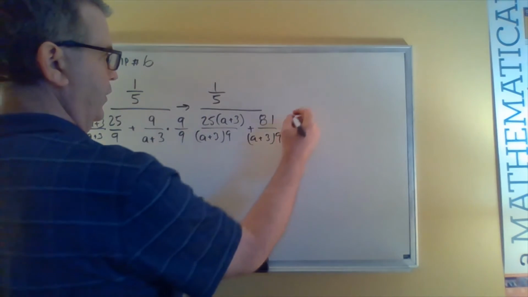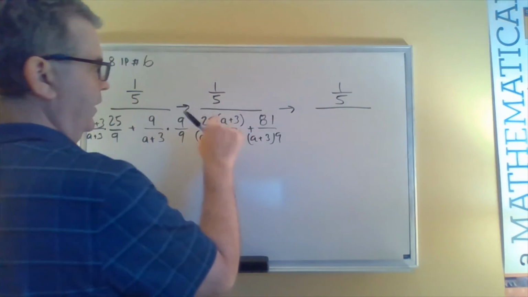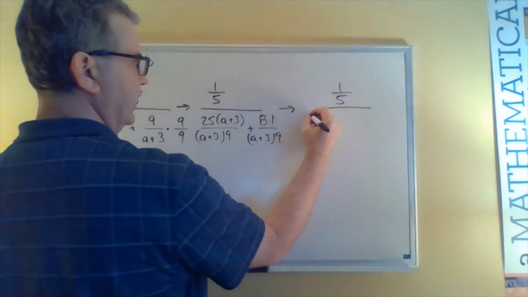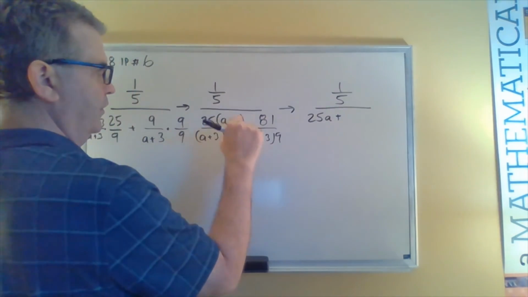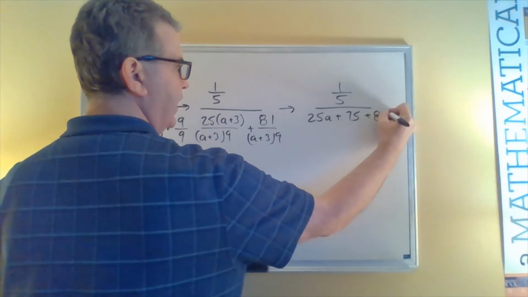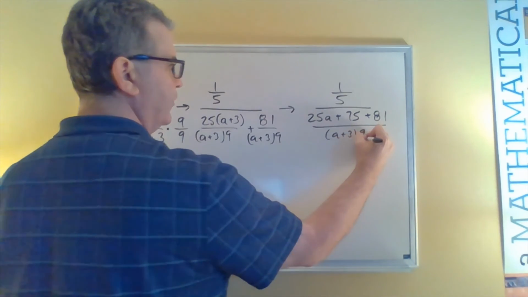I'll do a little math here at the same time. So I'm going to have 1/5 over, if I were to distribute that 25 through the a plus 3, I'm going to get 25a plus, and 25 times 3 is 75 plus 81. That's all going to be over a plus 3 times 9.